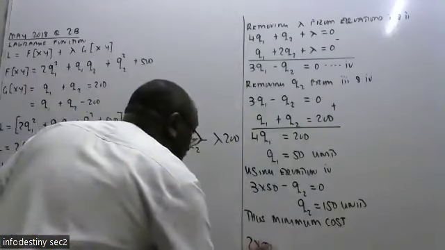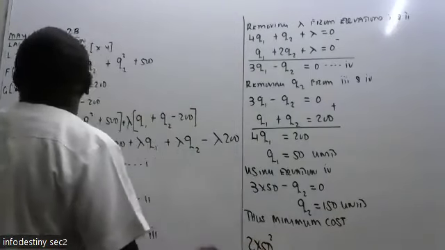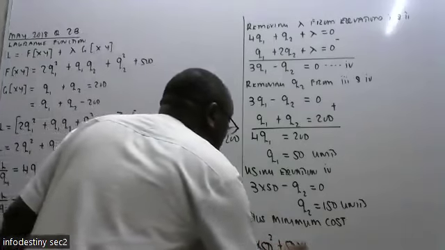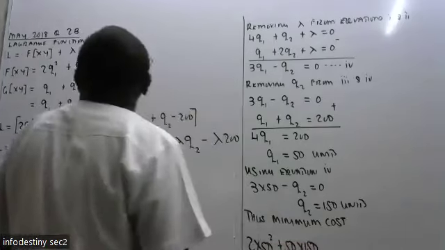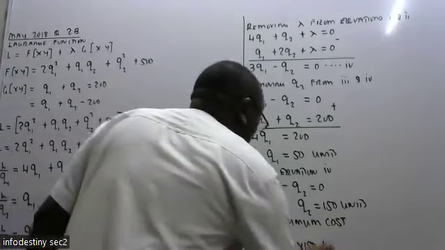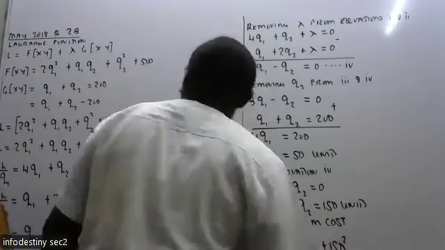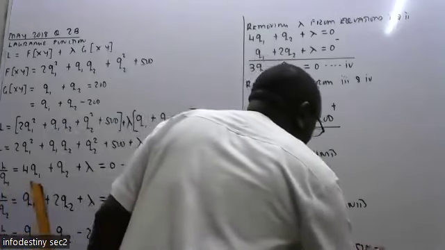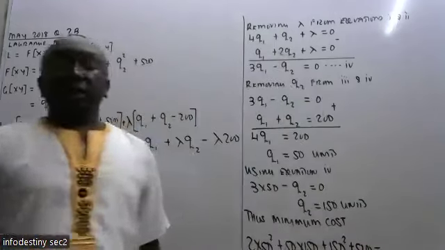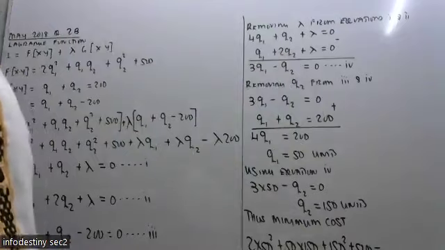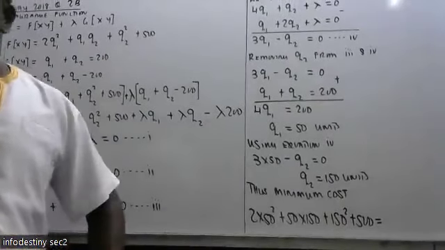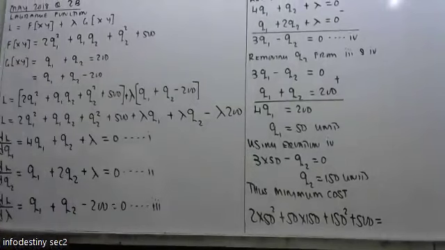So 2 times 50 squared plus Q1, that is 50 times 150, plus Q2, that is 150 squared, plus 500. That will give you the minimum cost.